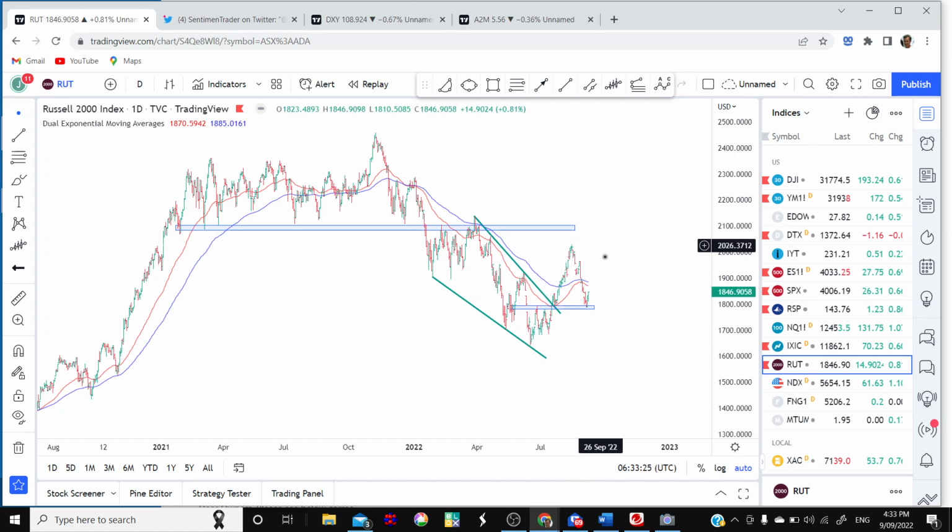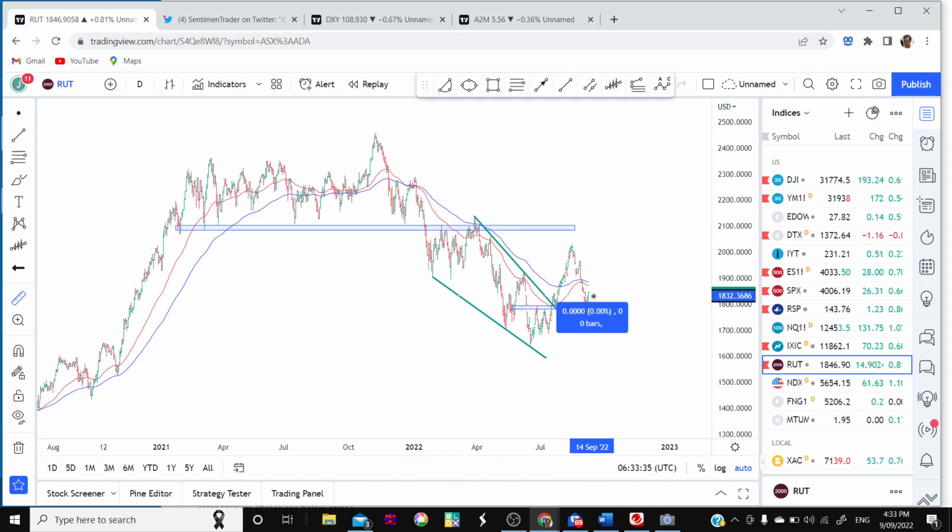So, should this market rally? Let me just measure some stuff out. Where the Russell currently is, if it were to rally back up towards this resistance band at around 2,100, that's potentially a 15% rally.